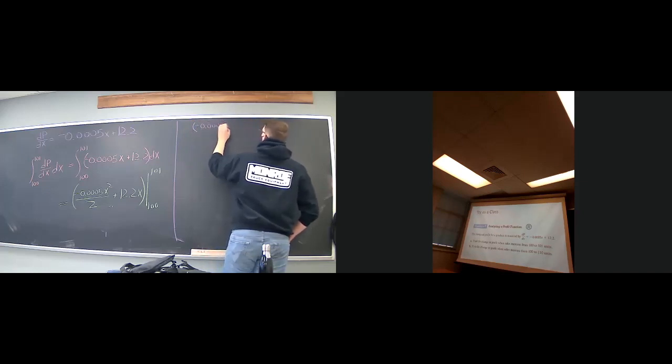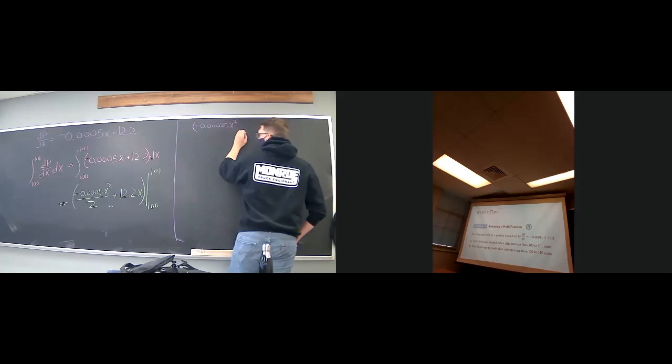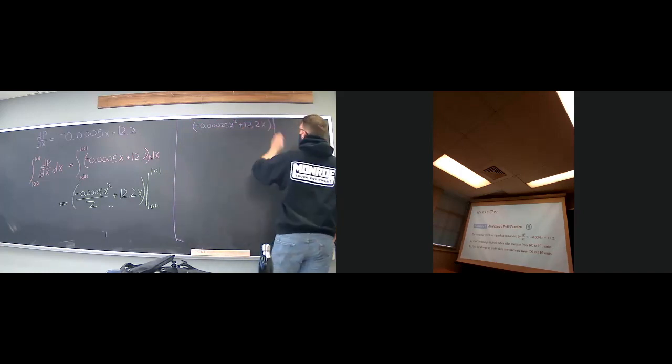We can go ahead and simplify this a little bit to get negative 0.00025 x squared plus 12.2 x from 101 to 100.